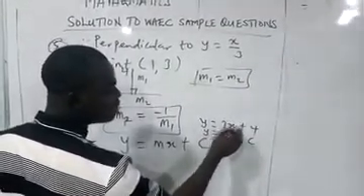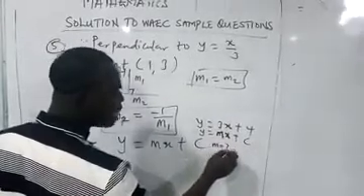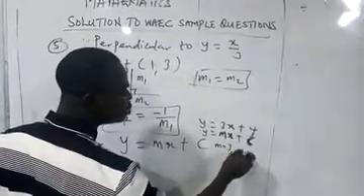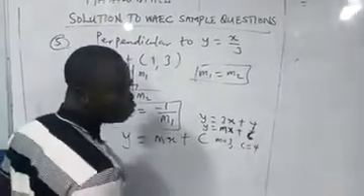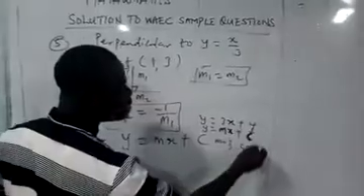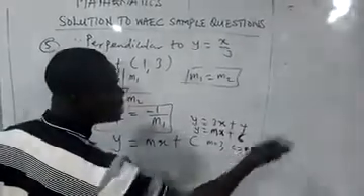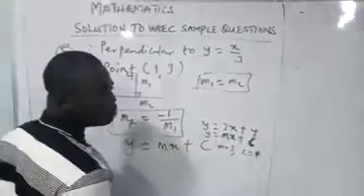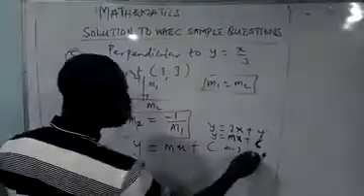So the coefficient of x here is 3, so our m is 3. And this c means intercept, so our intercept is 4. The intercept is the point where the straight line touches the y-axis. That's what we call the intercept.